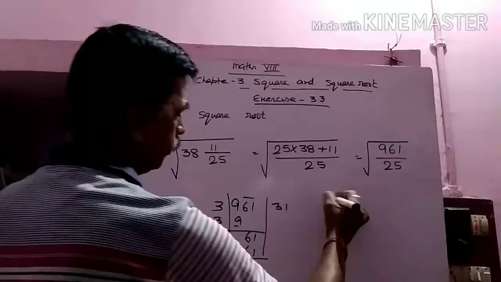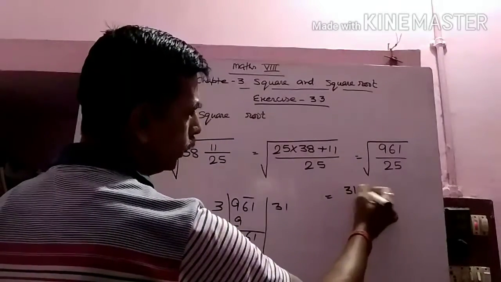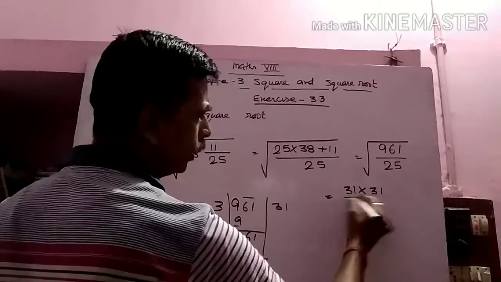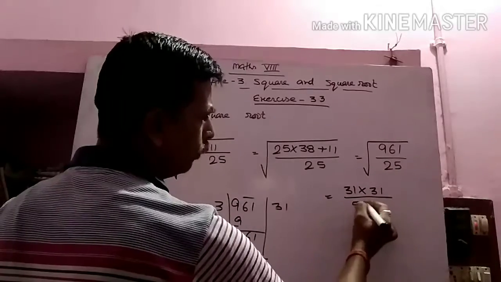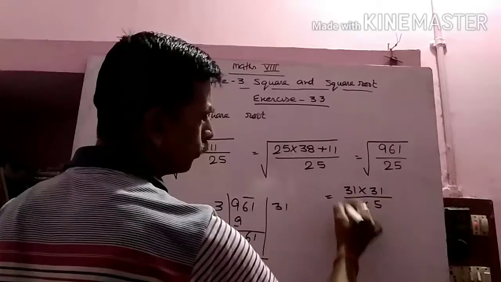So it becomes 31 into 31, and this becomes 5 into 5.